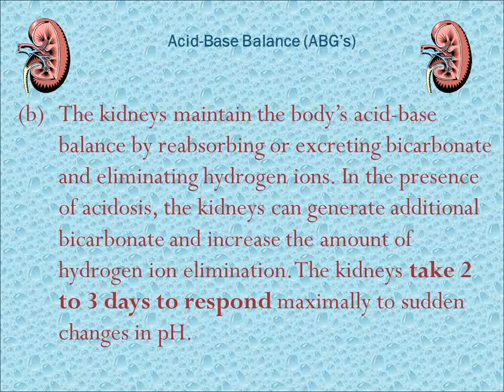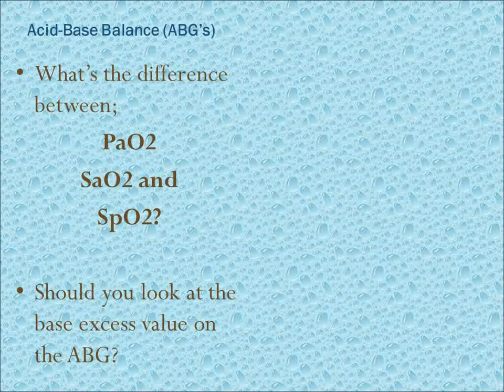The unfortunate thing is that it takes a while for the kidneys to recognize that a problem exists in the body. It takes the kidneys about 2 to 3 days to respond maximally. So again, lungs very quick, kidneys are a little bit slow.